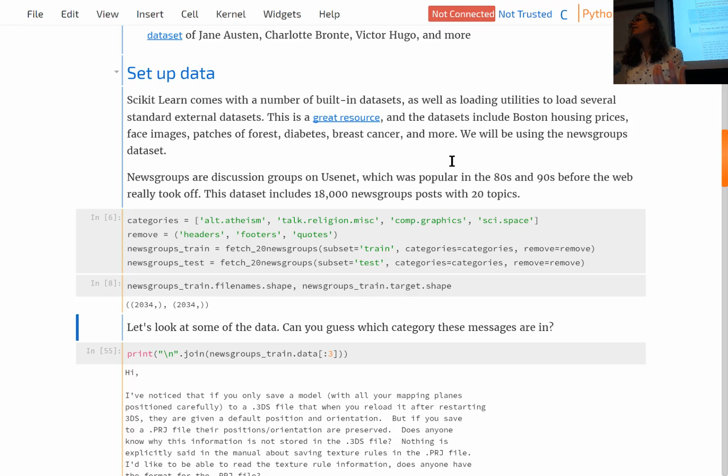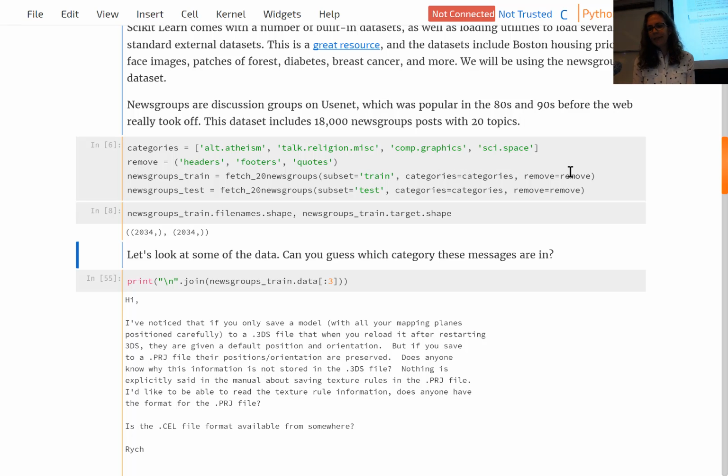You can think of this as similar to something like Reddit, where you have people posting within different categories. And so we're using this functionality from Scikit-learn to fetch the newsgroups data. And you can pass a parameter to say which categories you want. Today we're just going to look at 4 categories to keep it simpler.